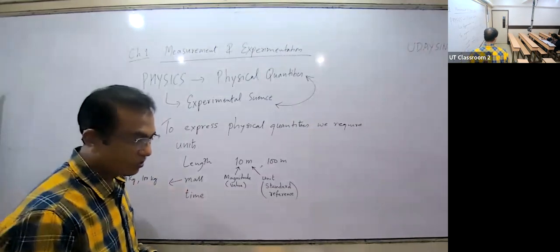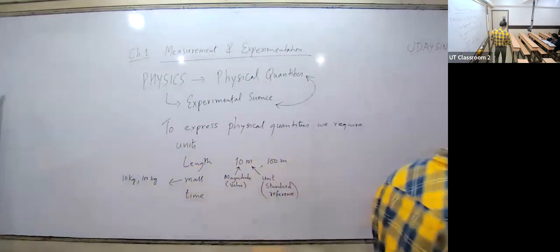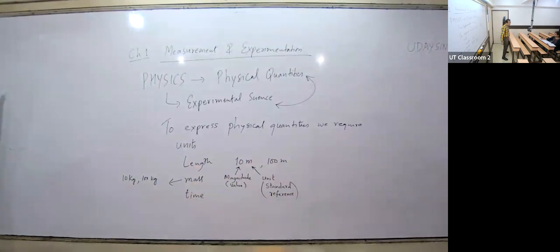So what is a unit? It is the standard reference to measure a physical quantity of the same type. We need a standard or constant reference to measure a physical quantity of the same type. When we say measure, it means compare. If there are two lengths, how do we tell which is bigger, which is smaller?